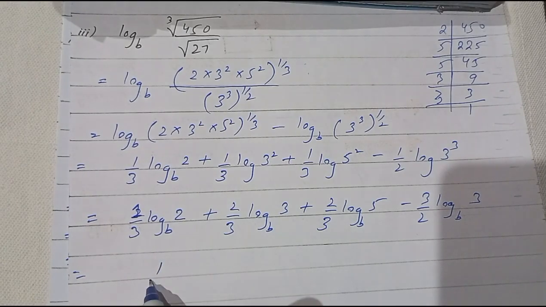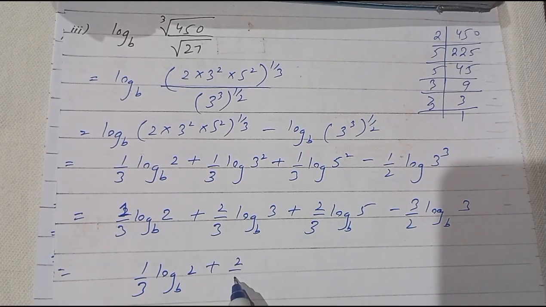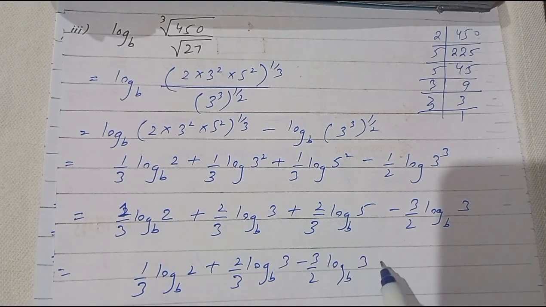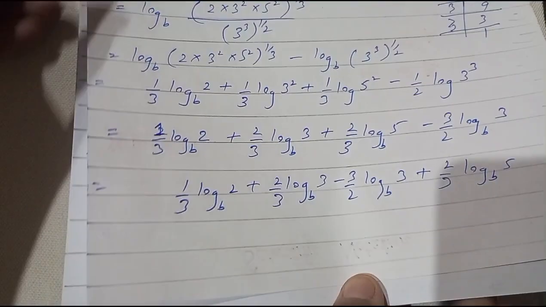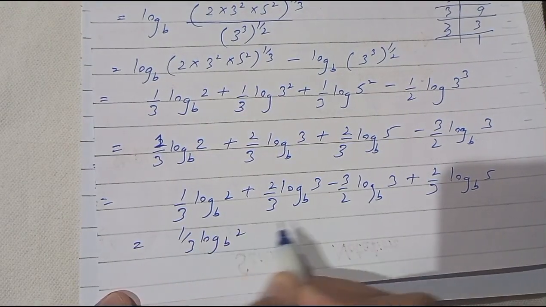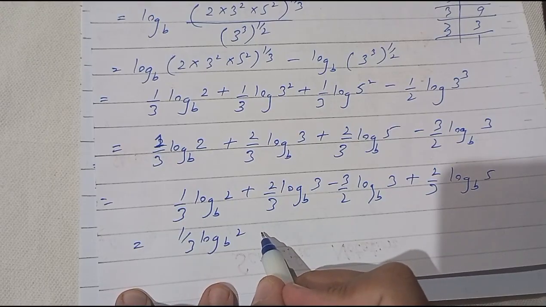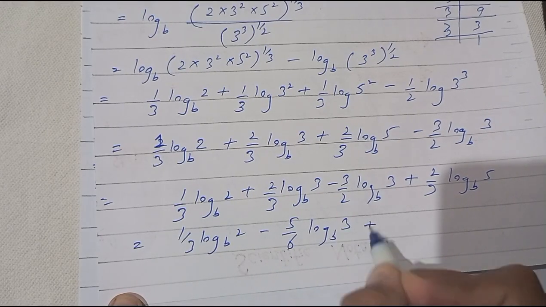Solving, we get 2 by 3 log of b 3 minus 3 by 2 log of b 3 plus 2 by 3 log of b 5. Solving these two, we get the fraction form minus 5 by 6 log of b 3.